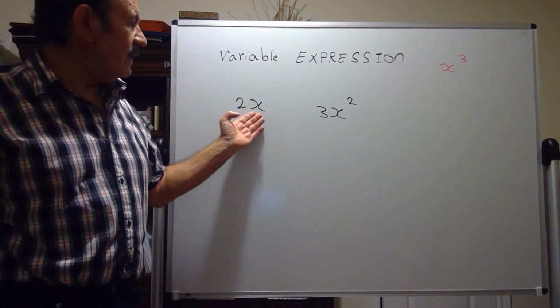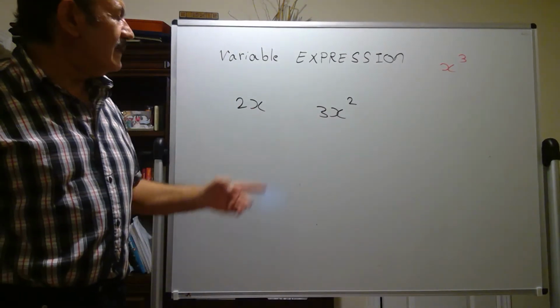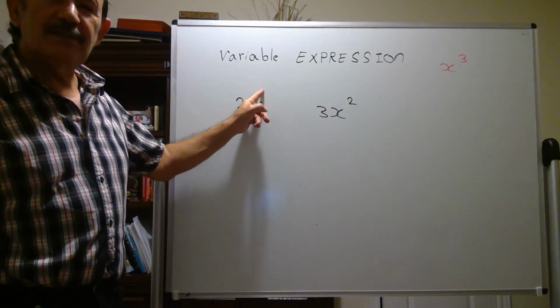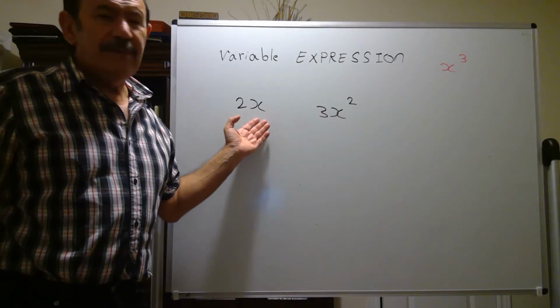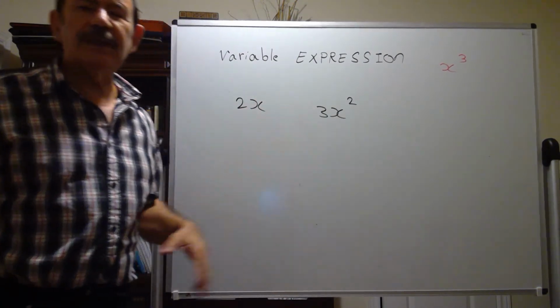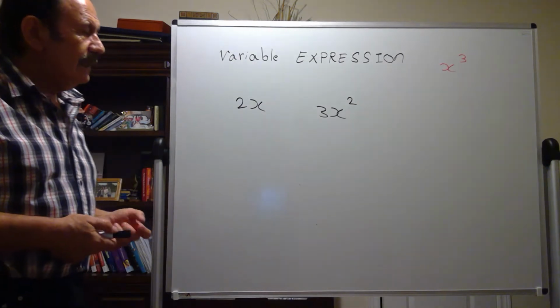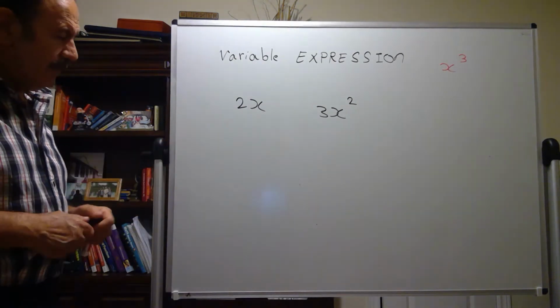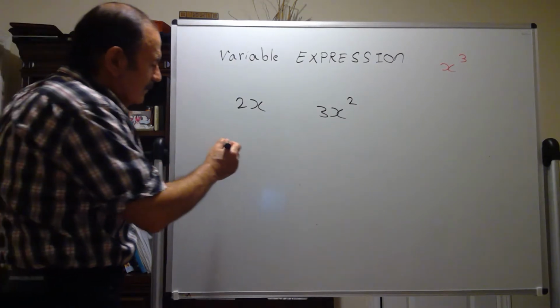The base of this one is x, the base of this one is x. But they have different exponents. The exponent of this one is 1, and the exponent of this term is 2. Even though the bases are the same, because they have different exponents, we cannot add them. They are not like terms. As an example, let's just imagine x is length, look at this one.